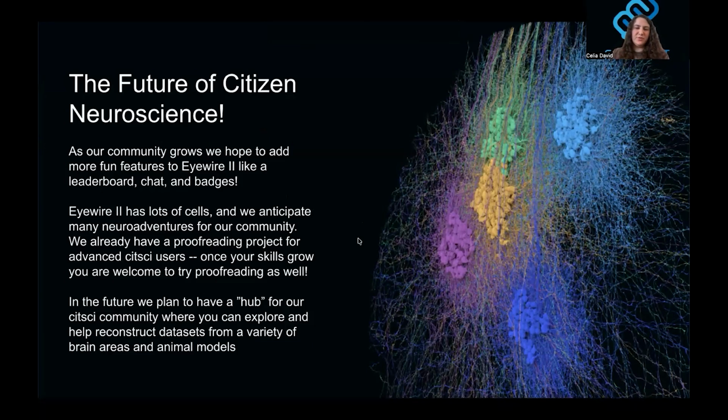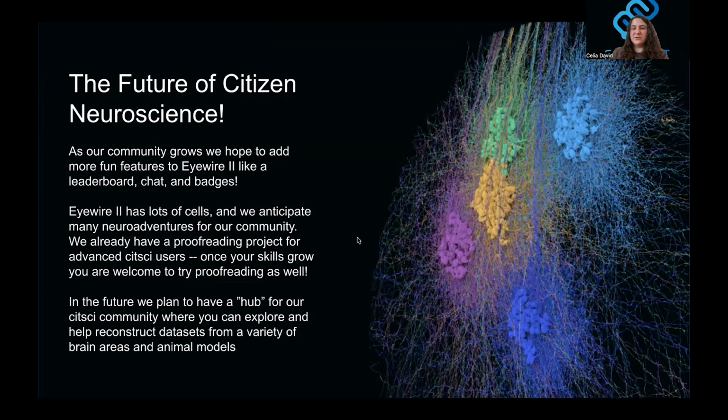Our future hopes: some of the features from that website we definitely hope to add. In the future, we'll be adding more data sets and also proofreading projects. We already have some citizen scientists working on proofreading some cells.